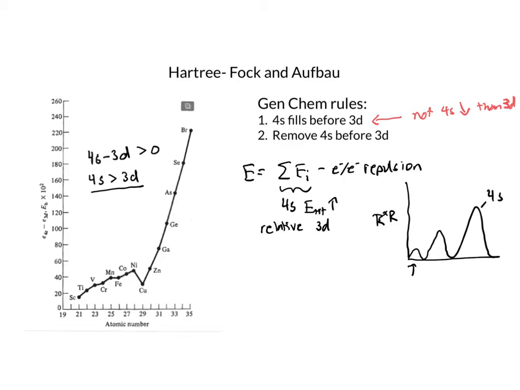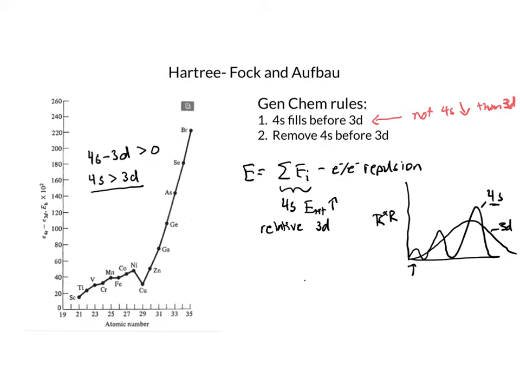So it penetrates in towards the nucleus, whereas the 3d orbital does not have that penetration. So that means that these 4s electrons are going to be in closer to the core electrons more often, and are therefore going to have a higher repulsive potential with those core electrons than the 3d would.